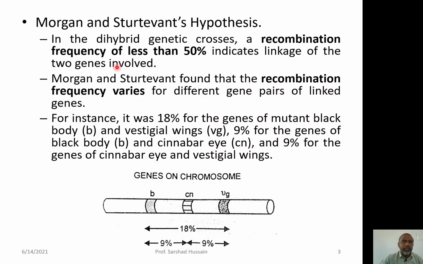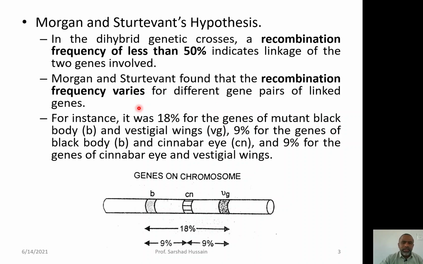We have studied in linkage also that whenever you are getting recombinants, but they are present less than 50%, it means these new recombinants are because of crossing over, otherwise these genes were linked. So, Morgan and Sturtevant found that recombination frequency varies for different gene pairs of linked genes.